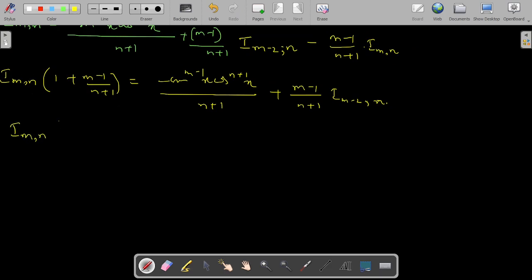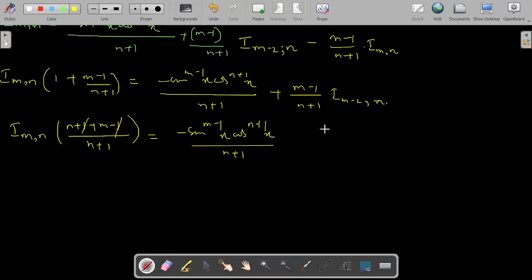I_{m,n} into, this becomes (n+1+m-1) divided by (n+1). Minus 1 plus 1 cancels. So this is equal to -sin^(m-1)x cos^(n+1)x divided by (n+1), plus (m-1)/(n+1) into I_{m-2,n}.